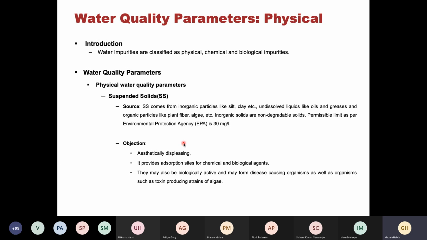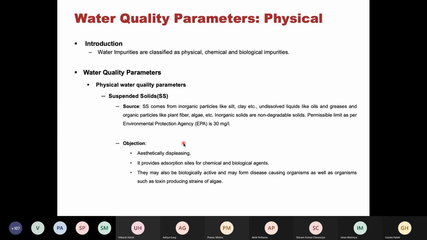These materials are undissolved, so they can be removed just by filtration. When you filter the water through a medium, any kind of filter, glass fiber filter, quartz filter, these materials remain on the top of the filter along with some volatile solids also.